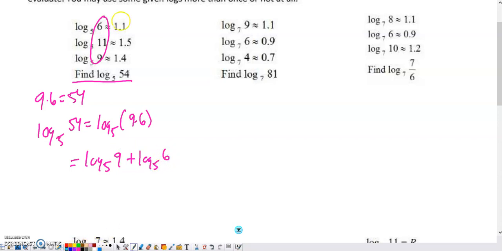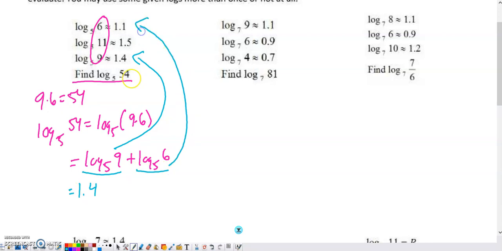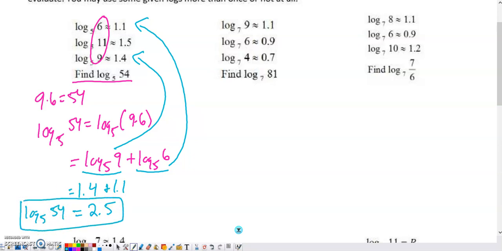As we see, log base 5 of 9 is 1.4. Log base 5 of 6 is 1.1. Now we just add them up, which means log base 5 of 54 is equal to 2.5.